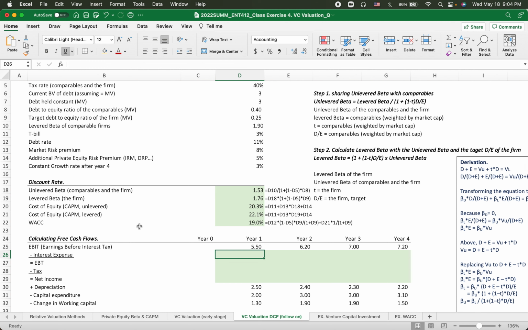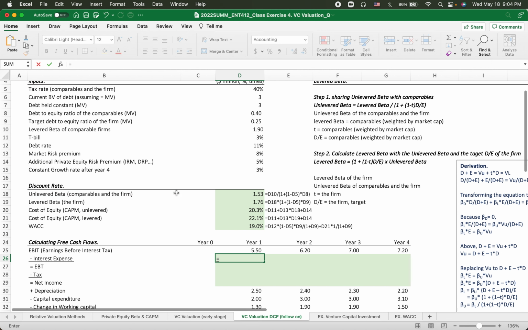Okay, let's calculate the interest expense. First, how much is the current debt, or debt held constant? There you go, the 3 million, right? The 3 million times how much is the debt rate? As indicated in the input section here, the 11%, right?